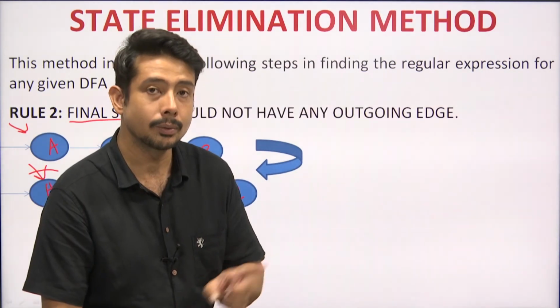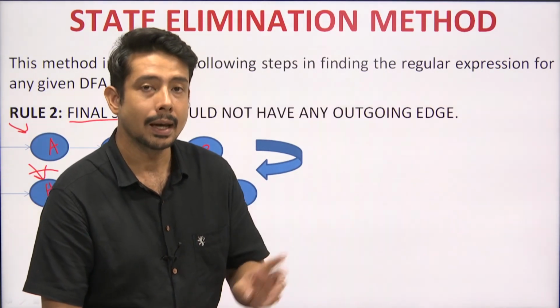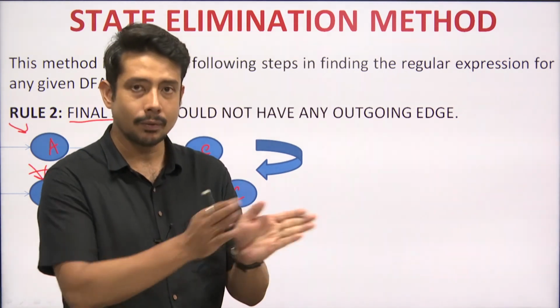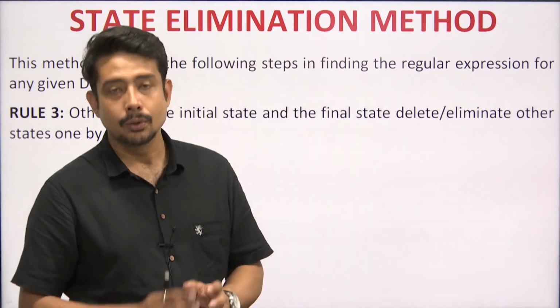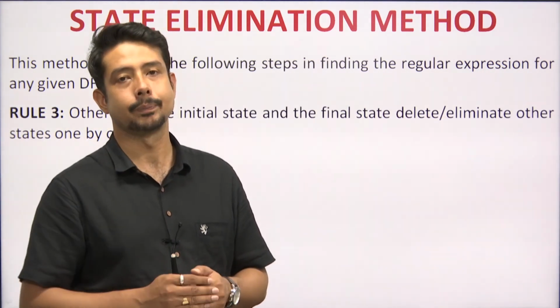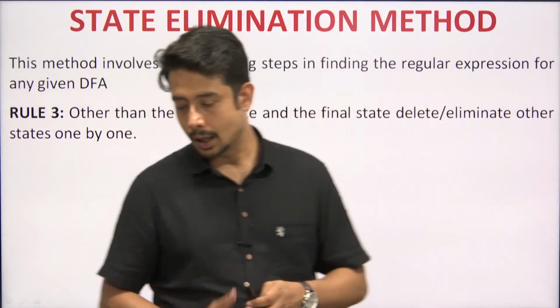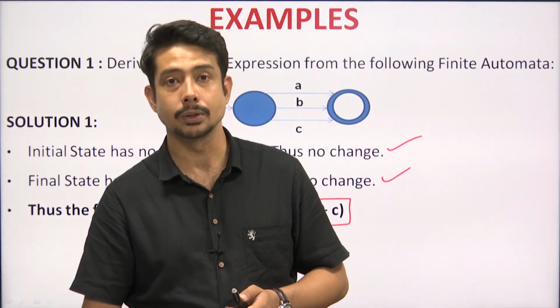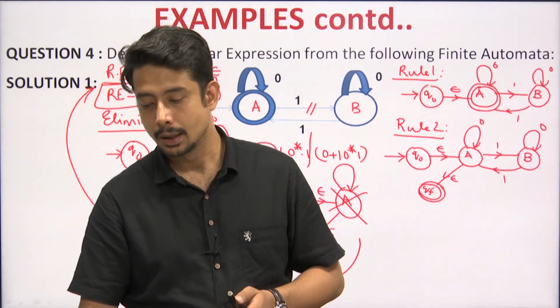For that, make that final state a normal state, do an epsilon transition and introduce a new final state. The same way for rule number 1. And then in rule number 3, you try to eliminate the other states one by one. Okay. So, this is how we can convert a finite automata to a regular expression by using the state elimination method. I hope you have understood the concept.